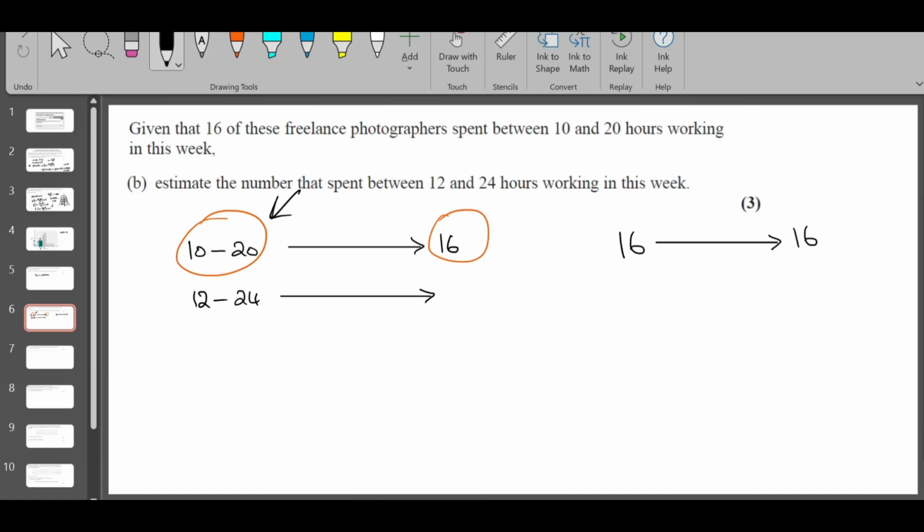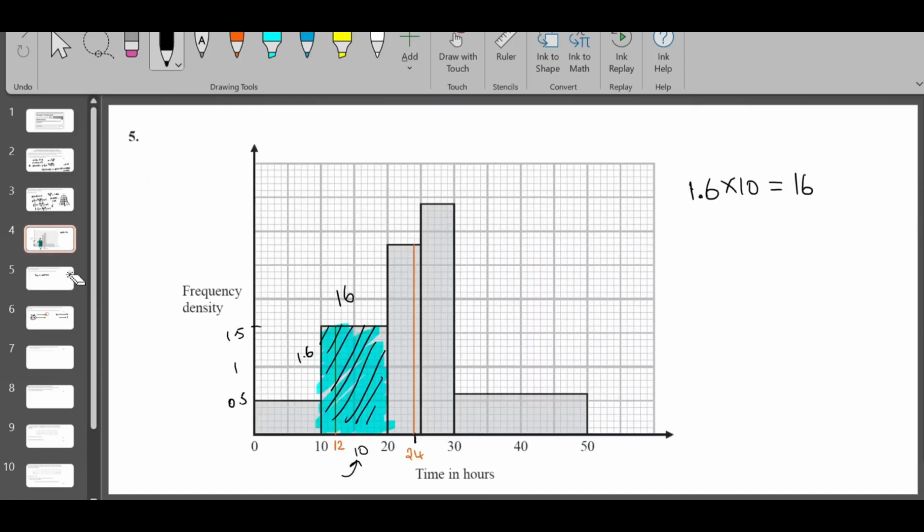Now we need to find the area of this bar, and then find out how many photographers that area represents. So for 12 to 24, we need to find the area between 12 to 24 now. I'm going to find the area between 12 to 20 first. Here the length is 20 minus 12, which is 8. This is 1.6. So 8 times 1.6 plus the area between 20 to 24.